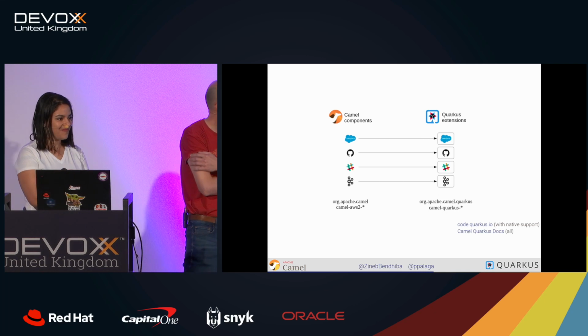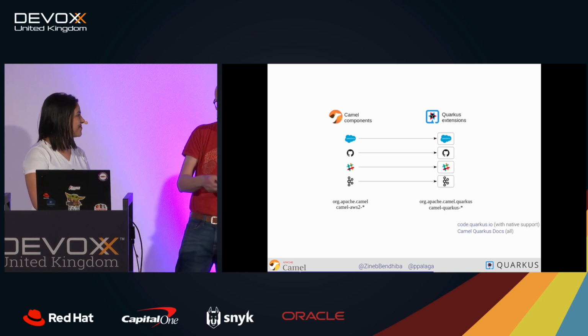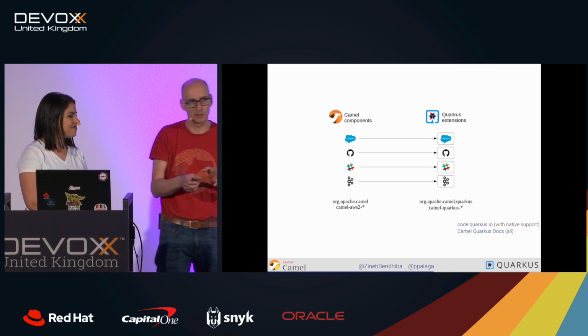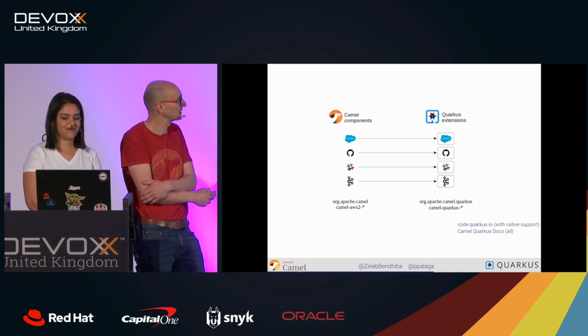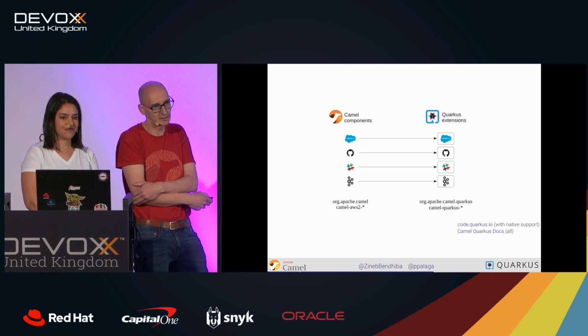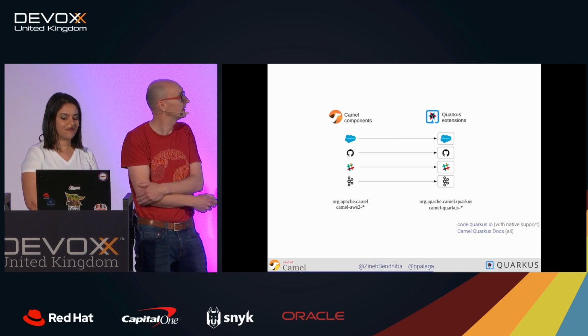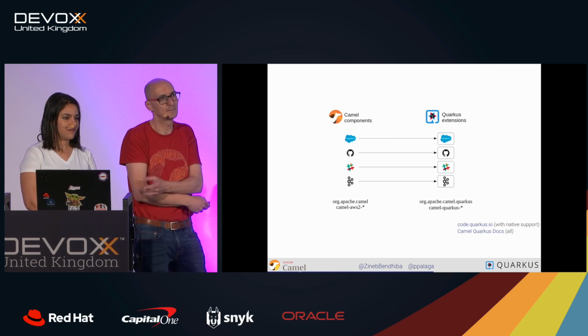Now let's speak about the relationship between Camel and Quarkus. To be able to run these Camel components or to use the Camel connectors on Quarkus, they have to be packaged in a special way for Quarkus.